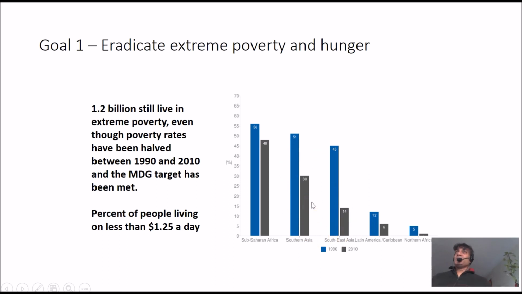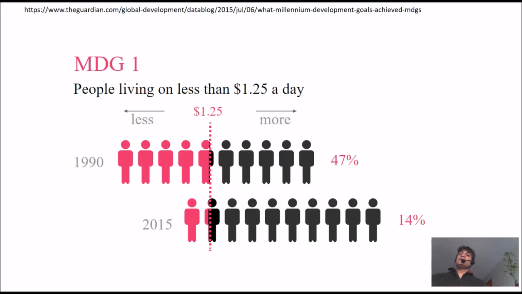Well, that's the miracle of India and China. The economic miracles of India and China. So right away you start to see that 2 countries in particular are driving these directional improvements that we see globally. This is another graph showing us the changes that were made. So it went from 47% of the world living in poverty to 14% of the world.